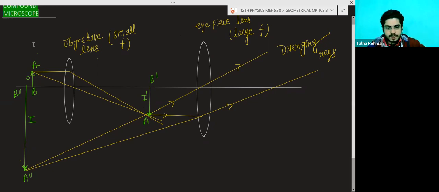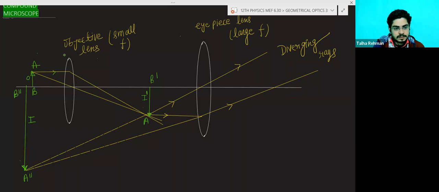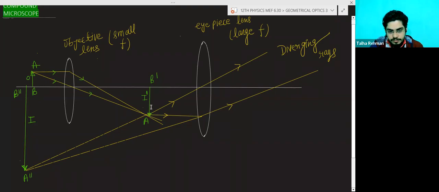Your object was here. This is the objective lens, and this objective lens is forming the image here. Because these rays are refracting from this lens, and due to the refraction, the image is formed here. This is the image. Now this image is working as an object for this lens, the eyepiece lens. Now these rays are the rays from this, and these rays are the rays coming from the objective lens.